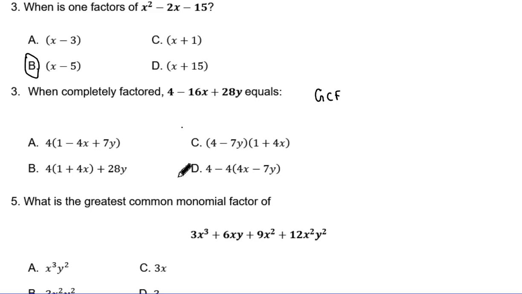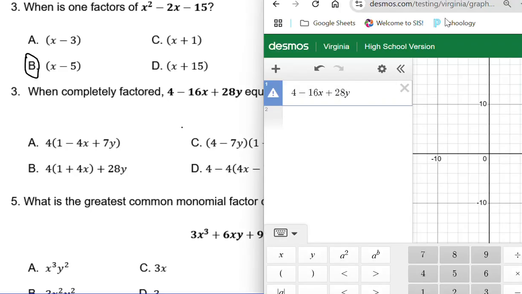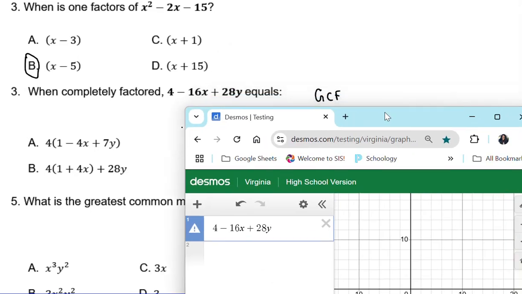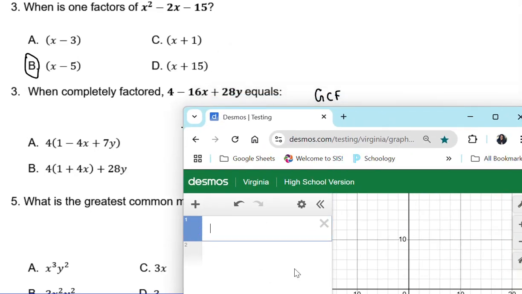So as far as variables go, I don't have a common variable, but I can go ahead and look for the GCF, see if there's a number that goes into it, and we can actually do that in Desmos. So in Desmos, type GCF, parentheses, 4, comma, negative 16, comma, 28. So it looks like the GCF is 4.